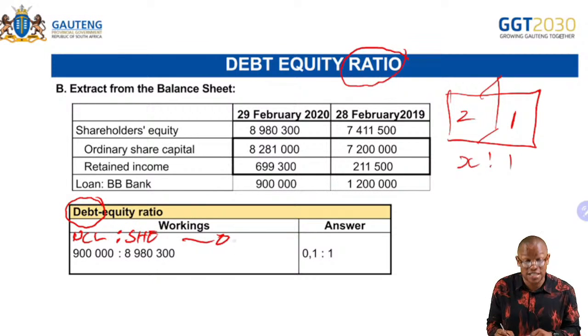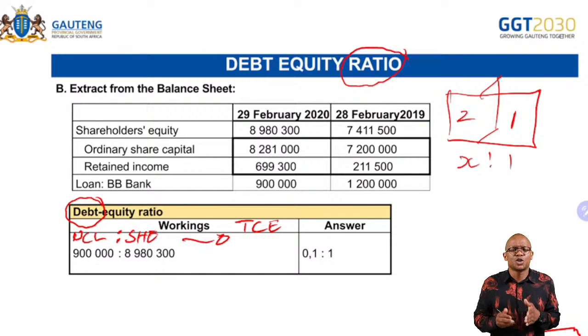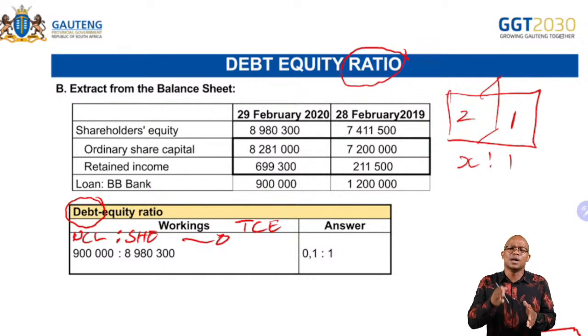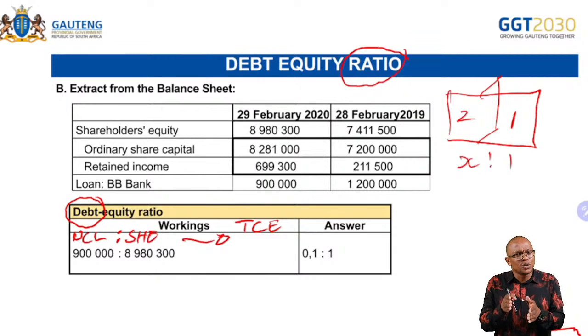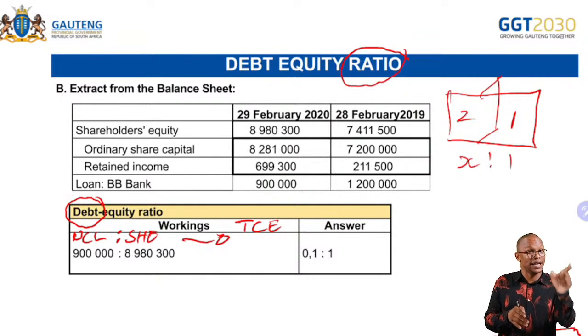So remember, I said you must remember total capital employed. Your total capital employed makes your debt and equity: that is your debt and that is your shareholders' equity. In simple terms, that is the first part under equity and liabilities when you do your balance sheet.